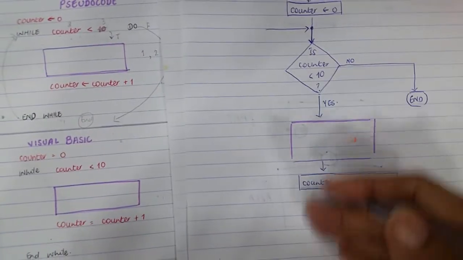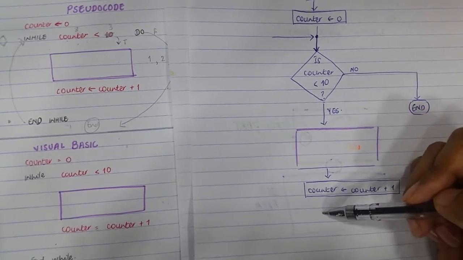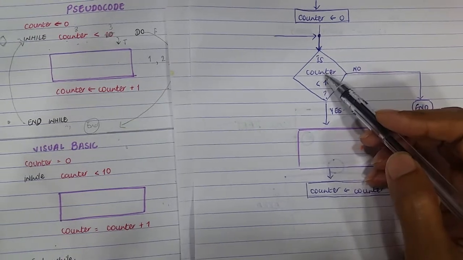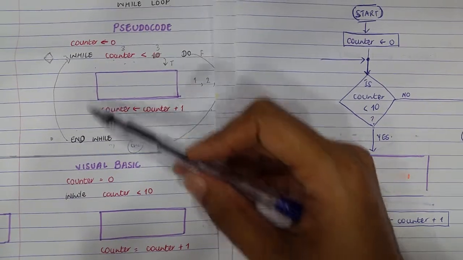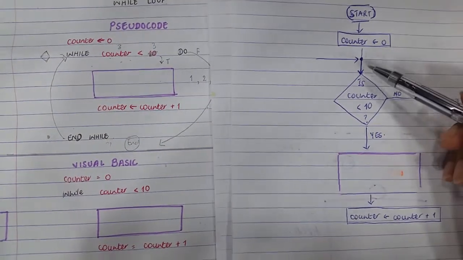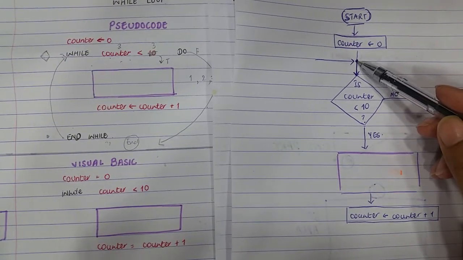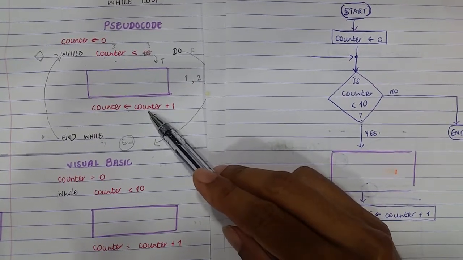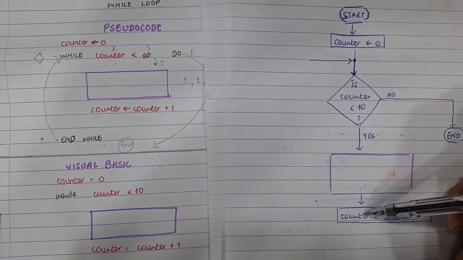Mais là, nous n'avons aucun arrow. Alors, je vais mettre mon point là pour aller au decision box. Now, the point comes right after counter is equal to counter plus 1. So this point comes right after this.